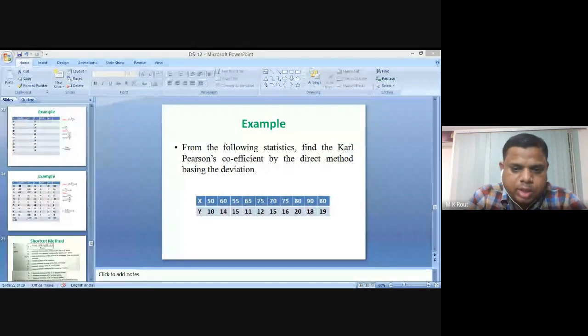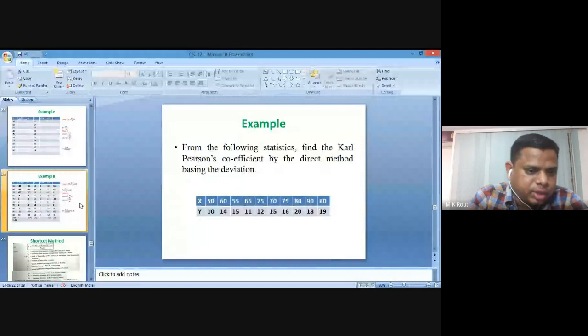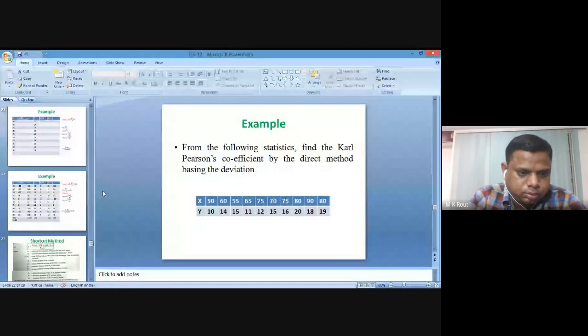I have already solved that one. Now just check your answer. What is the standard deviation for x?